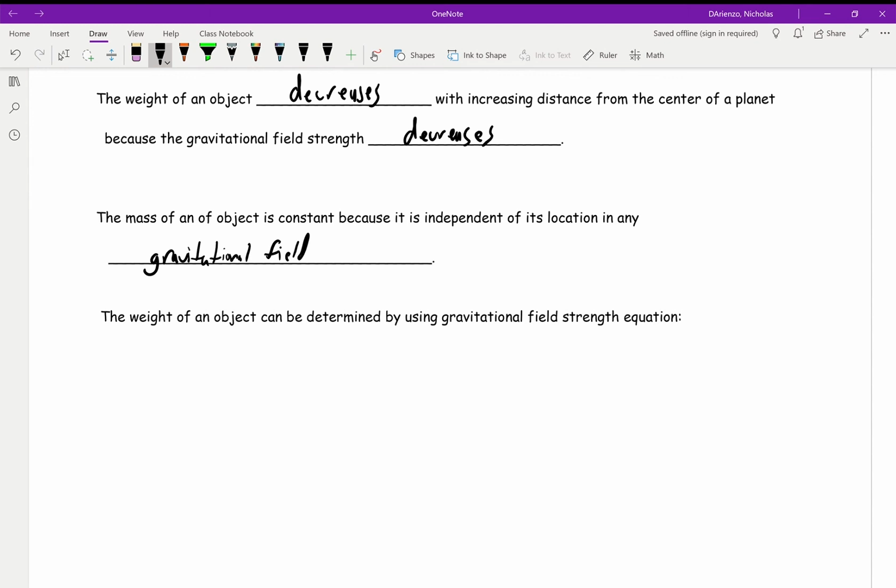Now, the weight of an object can be determined by using the gravitational field strength equation, Fg equals mg. Now, if we think of the weight of, let's call it a 100 kilogram person, it's a pretty big person, times the acceleration due to gravity, we get a weight that's equal to 9,810 newtons.